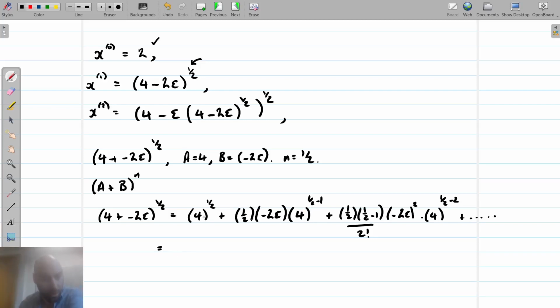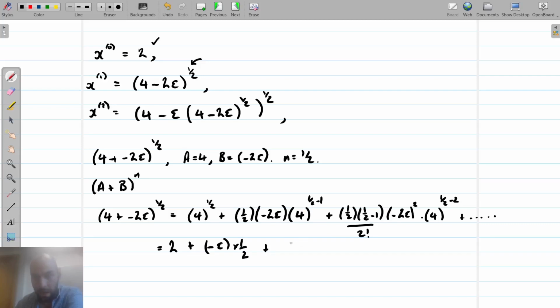So we've got square root of 4, so that's 2. Then I've got a half times minus 2, so that's minus epsilon. And I've got 4 to the power of minus a half, which is 1 over the square root of 4, so that's a half.